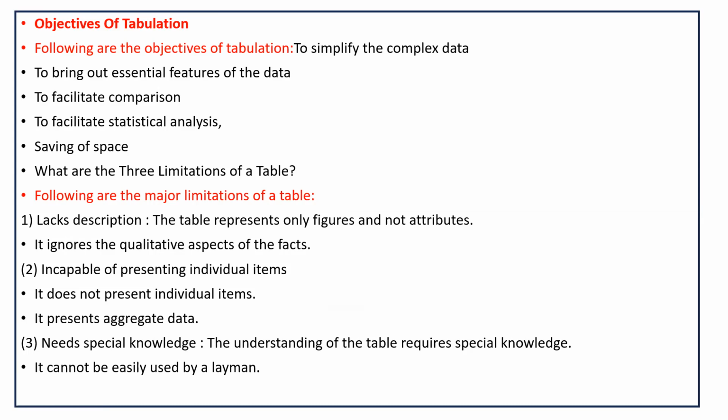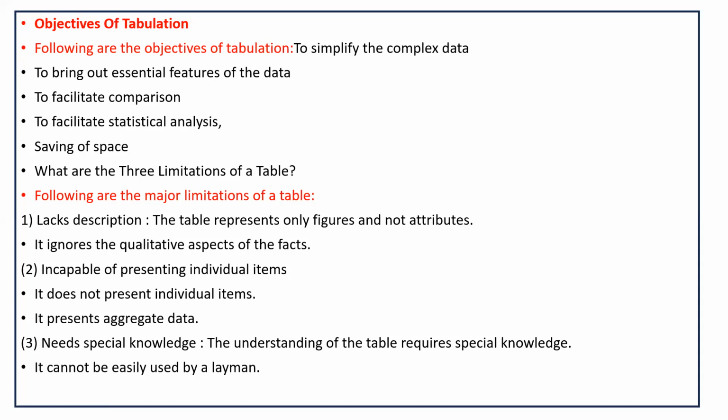It ignores the qualitative aspect of the facts. Many times for qualitative data, you don't go for table formation; generally it is represented by a graph. You cannot add it into the table.